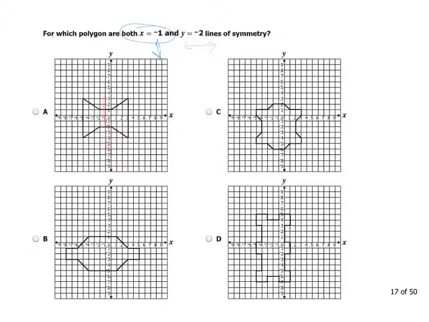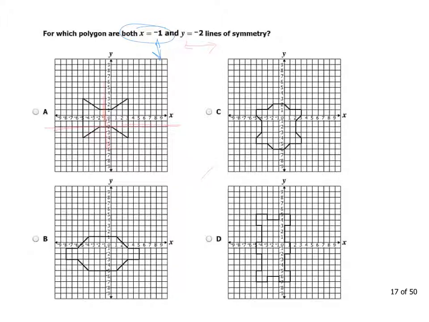And y equals -2 goes across like this. So a line of symmetry is going to split that figure down the middle. And that one is not being split down the middle. I mean, it looks like it for this first one right here, this line. But this line definitely does not split this figure down the middle.